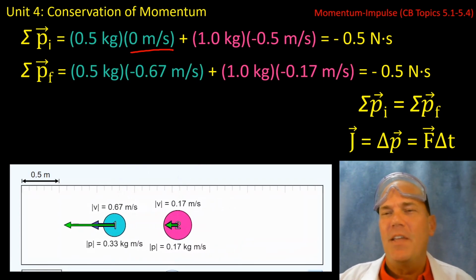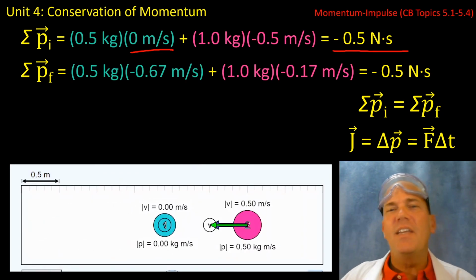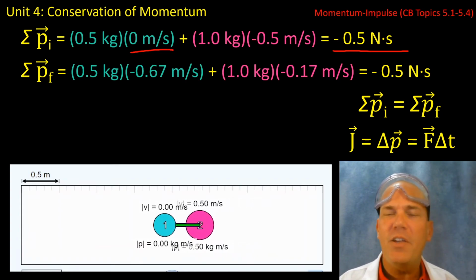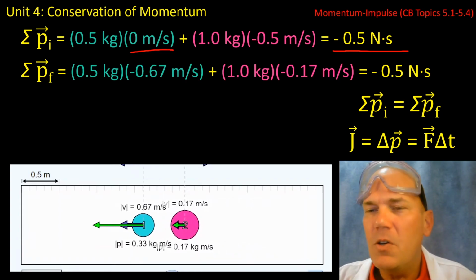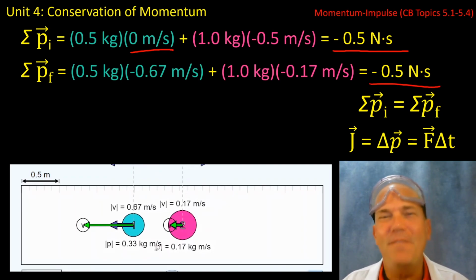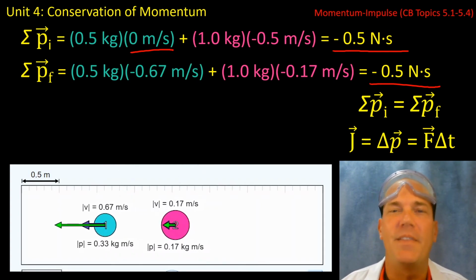Also notice that our change in momentum initially is equal to our change in momentum in the final scenario. These are identical, and therefore, as is the purpose of this video, we see that momentum is conserved within this two-object system.